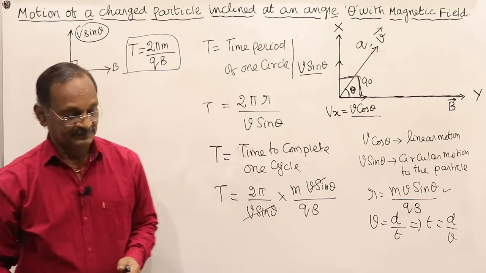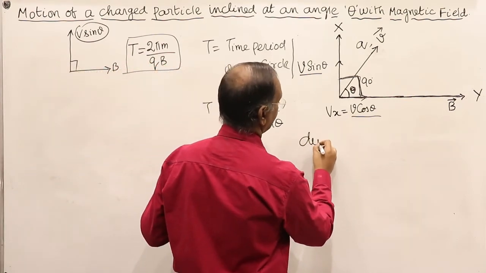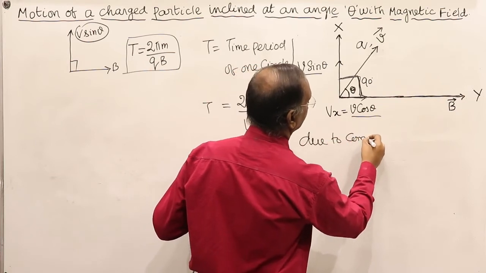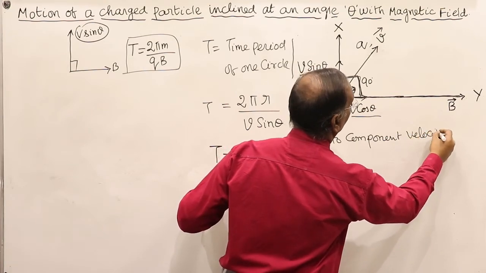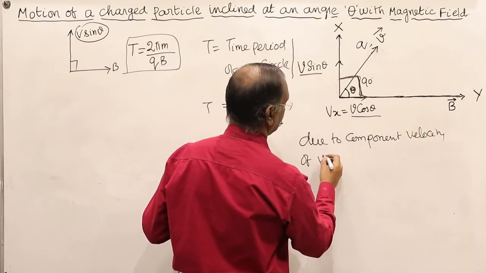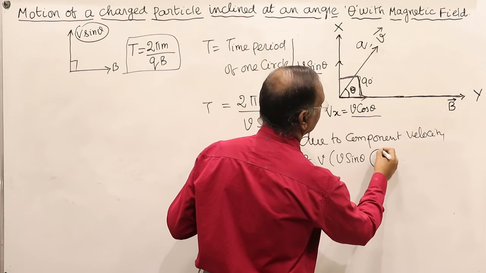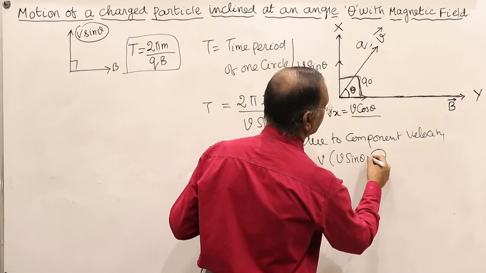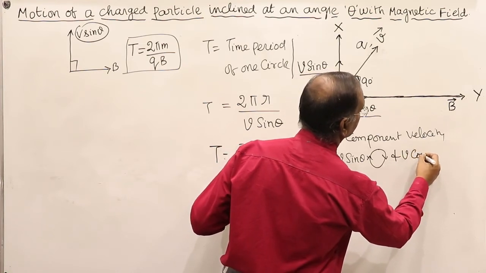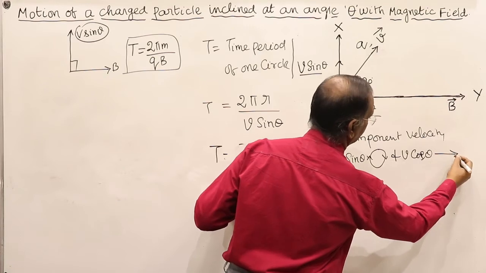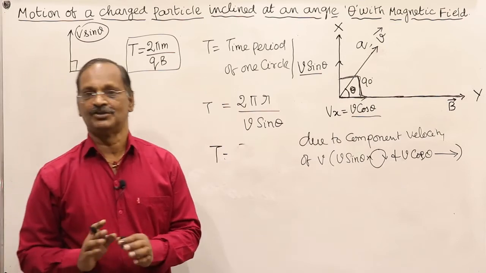Due to the components of v, v sin theta is responsible for the circular motion, and v cos theta is responsible for linear motion, so there is a combined motion.